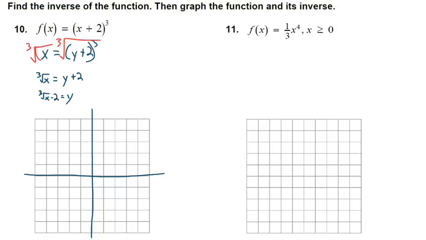So basically it shifted left 2. And then where it would be 1, 1 plus 2 is 3. X is 1. X is 0. This is 3.